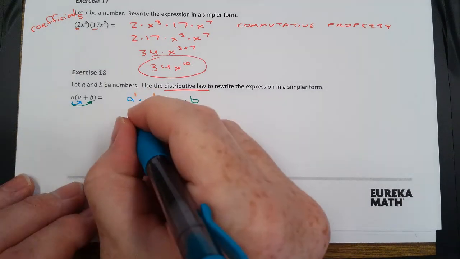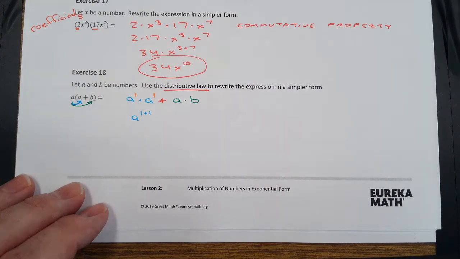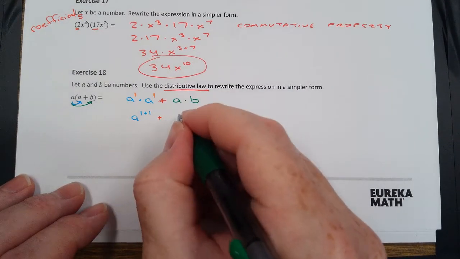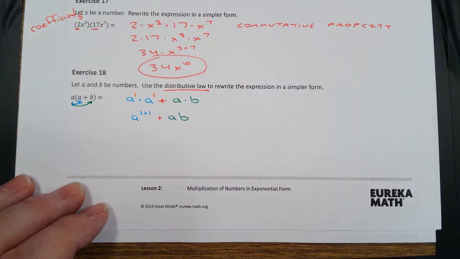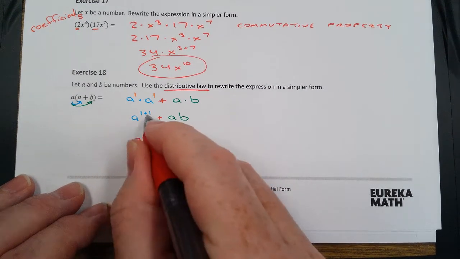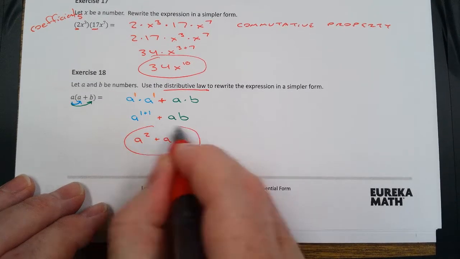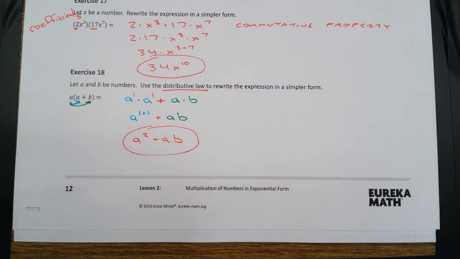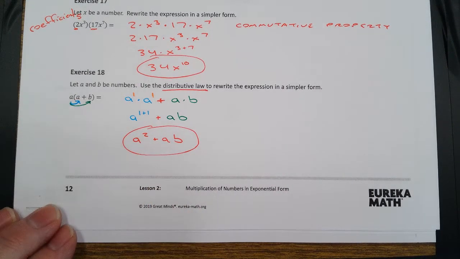Now we can combine, because we do A to the 1 plus 1, plus A times B, which cannot be simplified, it's just A times B. So our final answer is going to be A to the 2, since 1 plus 1 makes 2, plus AB. We cannot simplify that anymore. That's the distributive property. So this is written like this.